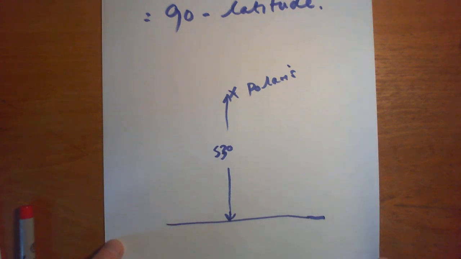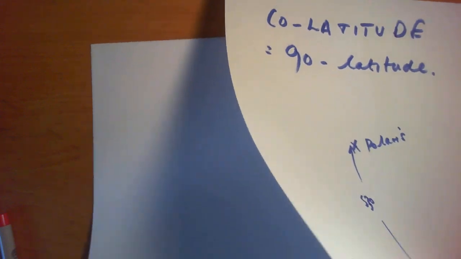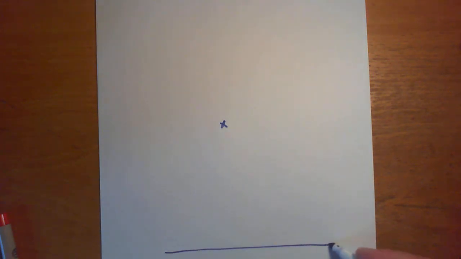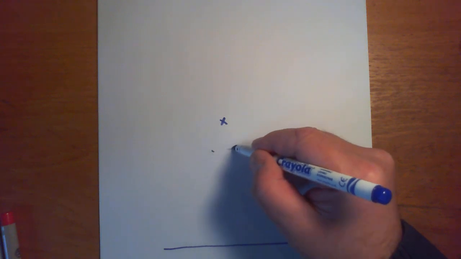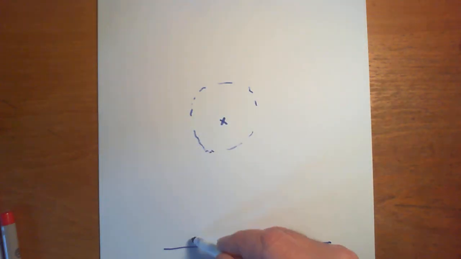Now, if we've got Polaris there, and that's the horizon, then the next question would be, what's the condition for a star to be circumpolar, i.e. to be in the sky all year round? Well, the stars are going to circle around Polaris like this.